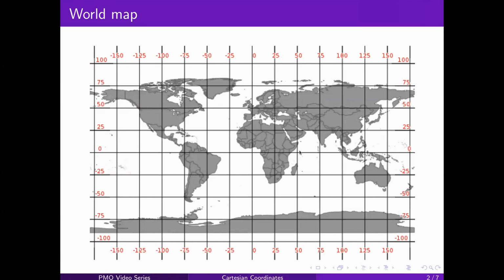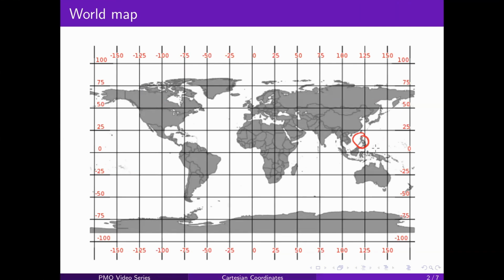Before that, let's take a look at the world map. It's interesting that every point on our globe can be identified using just two numbers. For example, here's the Philippines, and we can identify the approximate position of the Philippines by looking at its latitude and longitude.